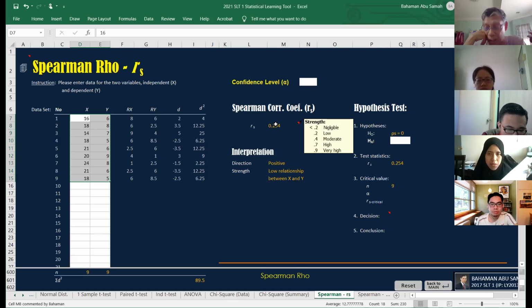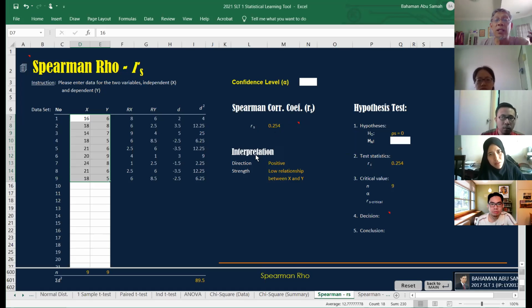That is expected, because the value will be quite different, but the difference is not that much, still within range. Okay, so once we get that value, the interpretation is that there is a positive and low relationship between loyalty and performance.